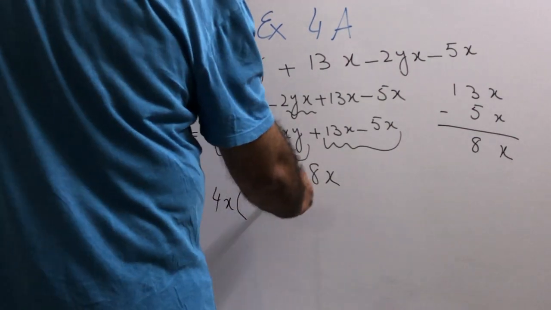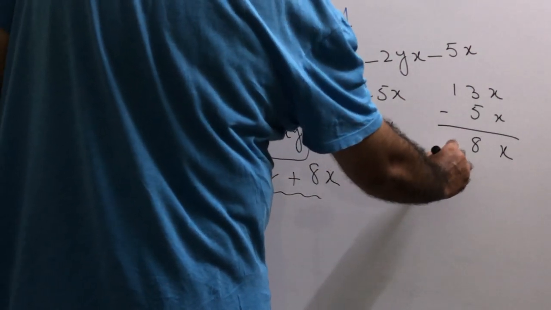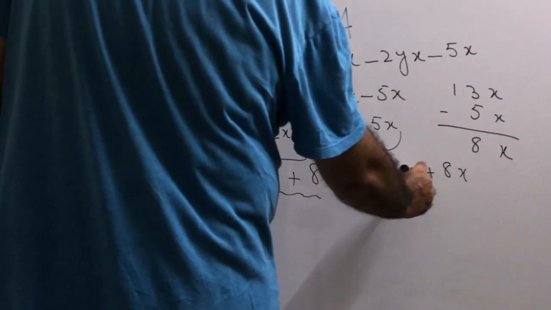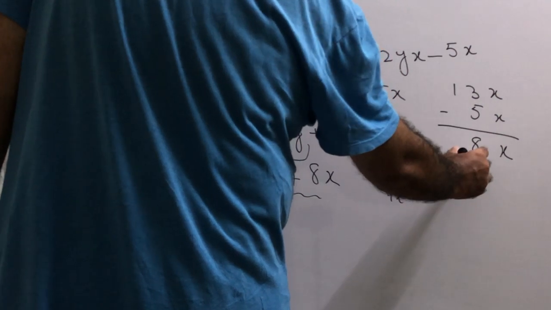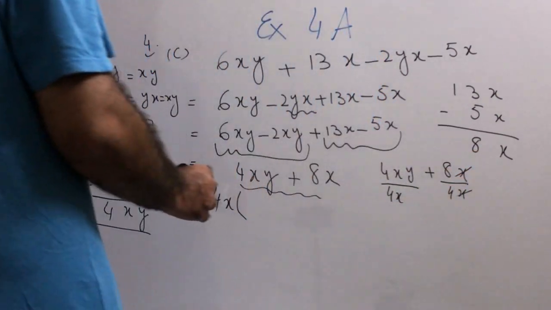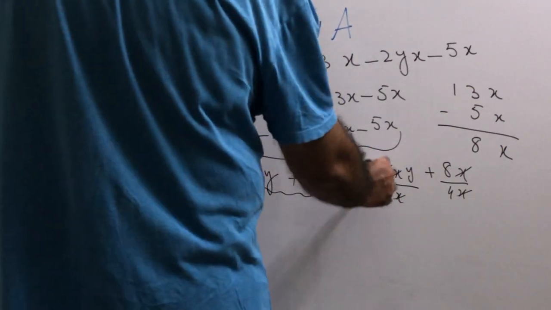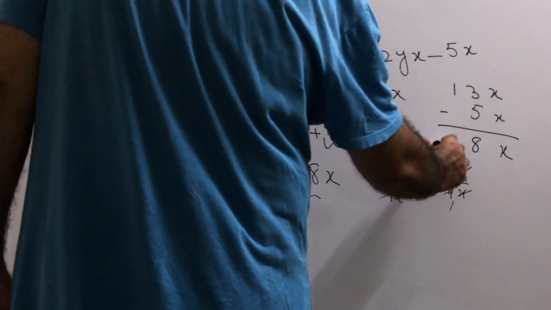This expression 4xy plus 8x will be divided with 4x. Divide this by 4x, divide this by 4x. X will cut with this, these are divided. This x will cut with this, these are divided. 4 will cut with this, these are divided. Then simplify, 4 1s are 4, 4 2s are 8.